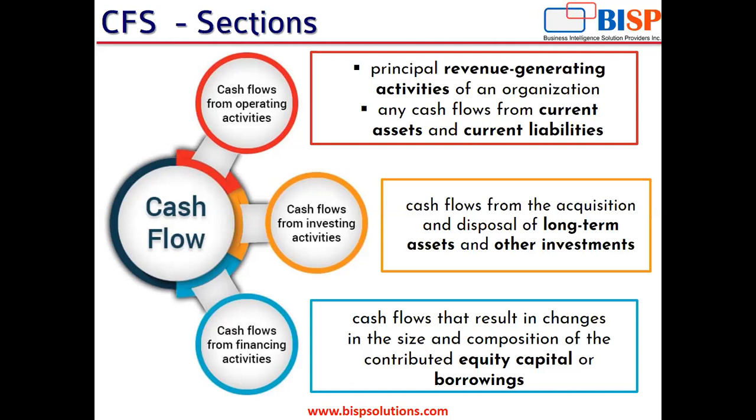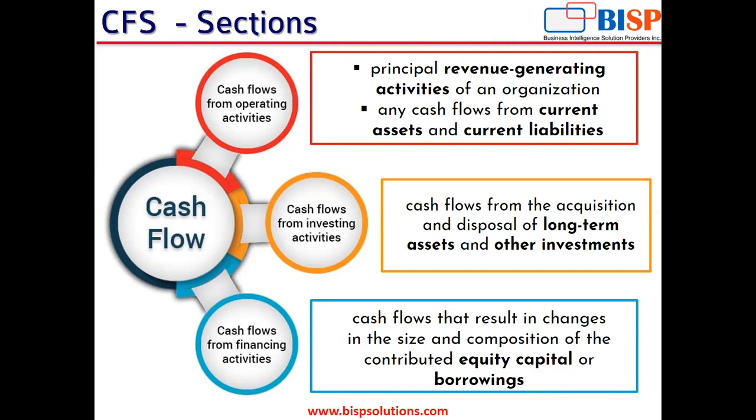The next section is the cash flows from investing activities. Any cash that is generated or disbursed due to the acquisition or disposal of long-term assets or any other investments that are not included in cash equivalents.